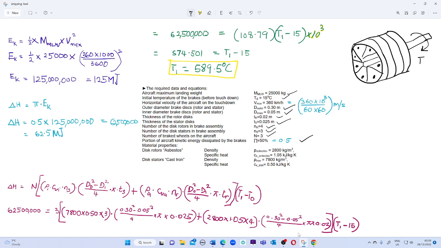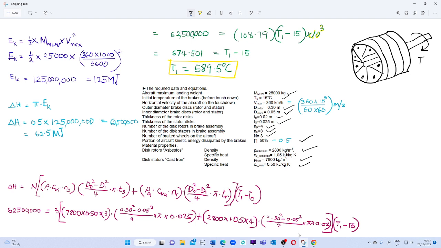So the density of the asbestos rotor is 2,800 kilograms per meter cube, and the specific heat is 1.05 kilojoule per kilogram Kelvin. Also, we are given the cast iron stator density to be 7,800 kilograms per meter cube, and the specific heat of the cast iron stator to be 0.5 kilojoule per kilogram Kelvin.